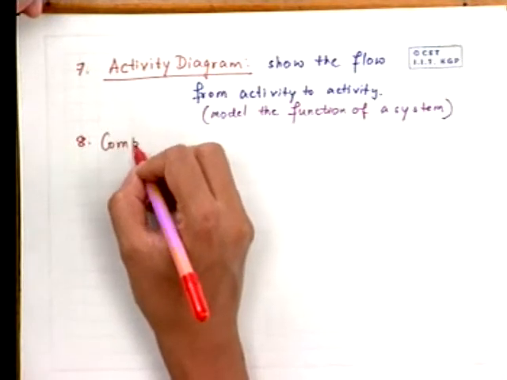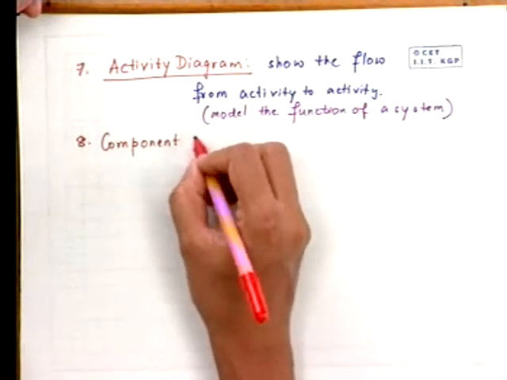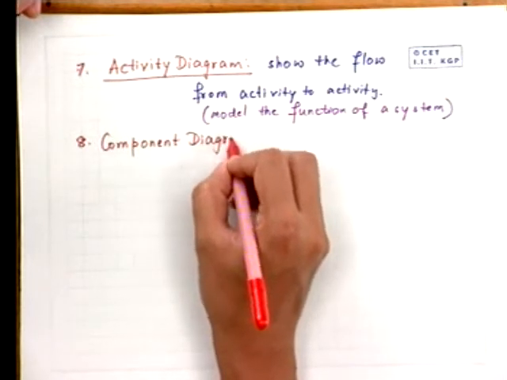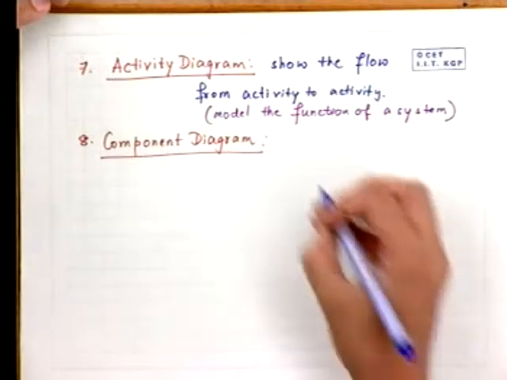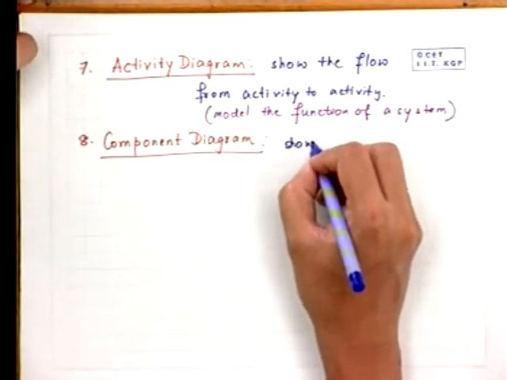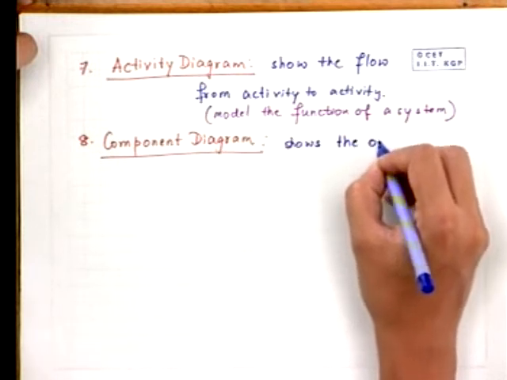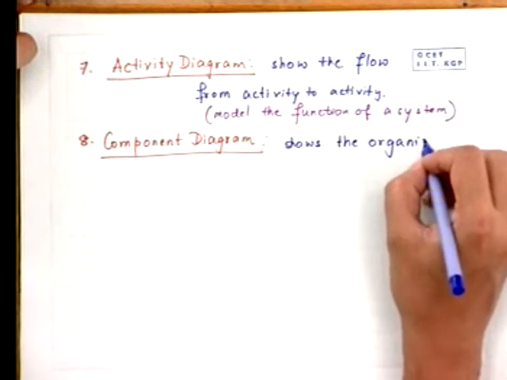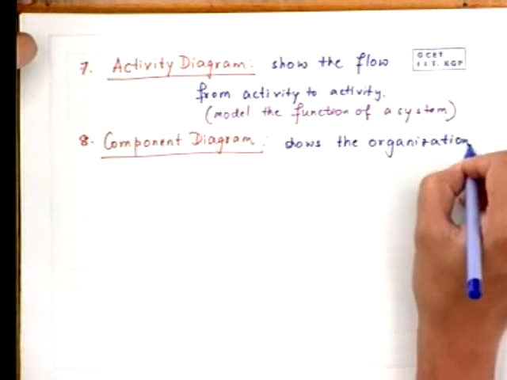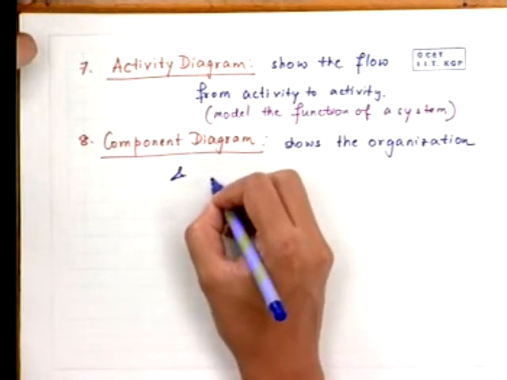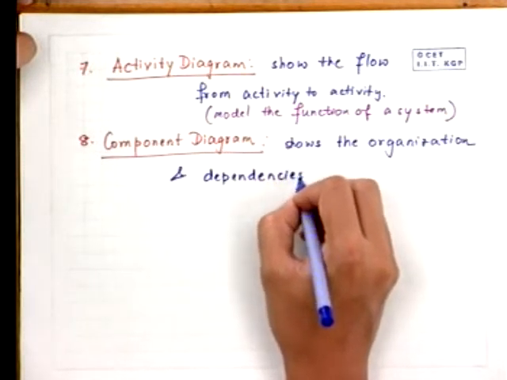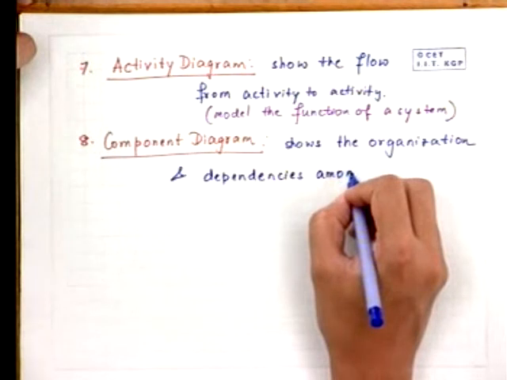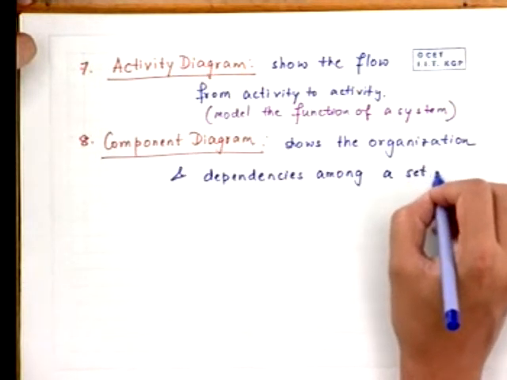The next type of diagram we will consider is component diagram. Component diagram shows the organization and dependencies among a set of components.